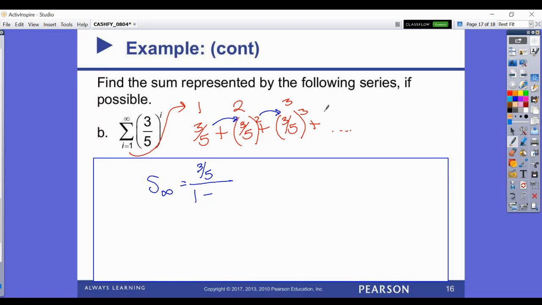If every time I'm increasing my exponent, then what am I multiplying by every single time? I'm multiplying by another 3/5. So the answer to this problem is 3/5 divided by 1 minus 3/5, which is 1.5. So if I kept adding up all these fractions that are getting smaller and smaller, I'm going to reach 1.5. We'll almost reach it.